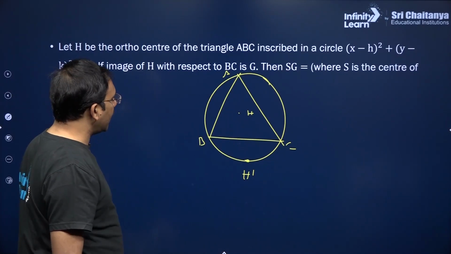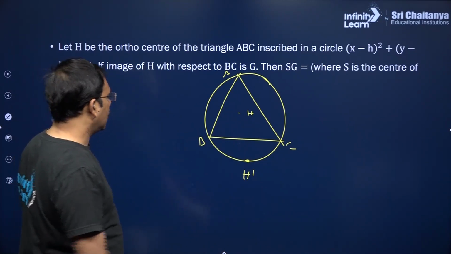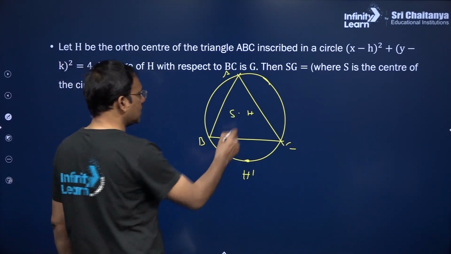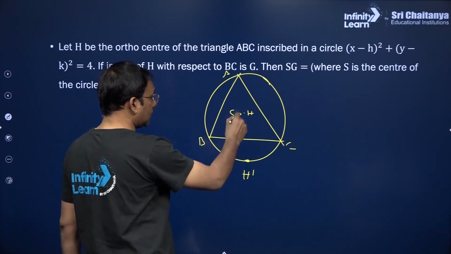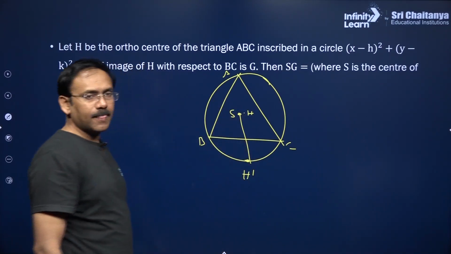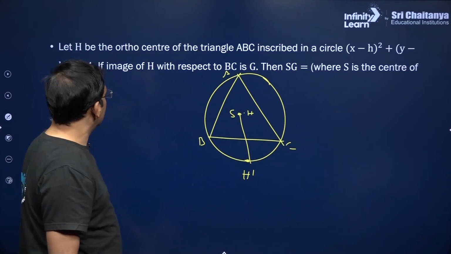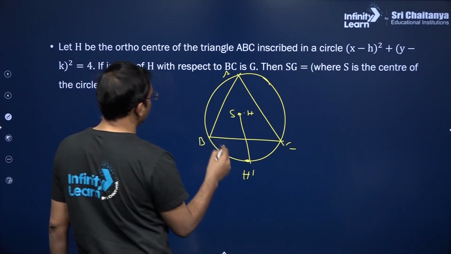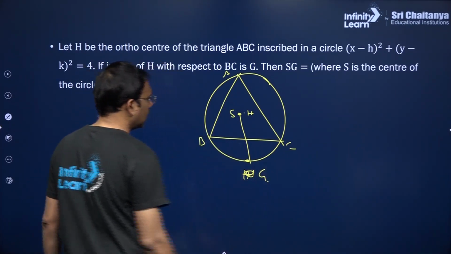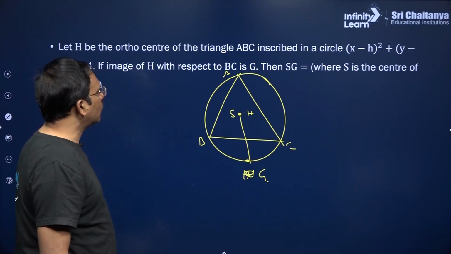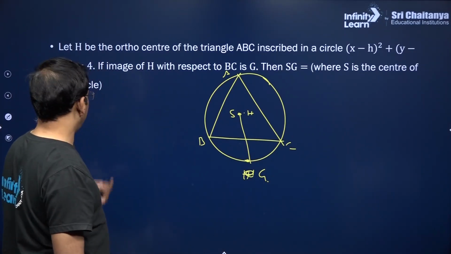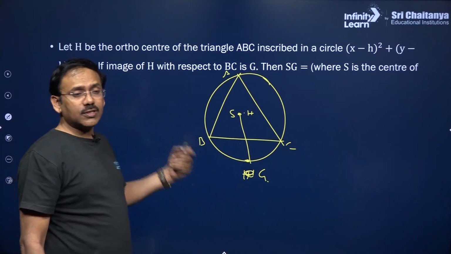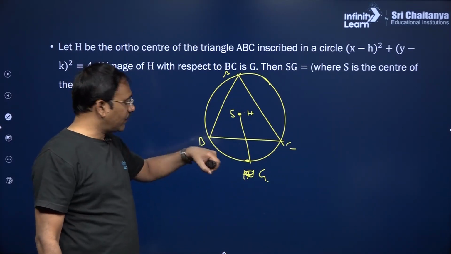So he is asking SG, where S is the circumcenter. Suppose H is here, this is the circumcenter. The image of h with respect to BC is G. So SG is going to be, simple, the image of the orthocenter about any side lies on the circumference of the circle.